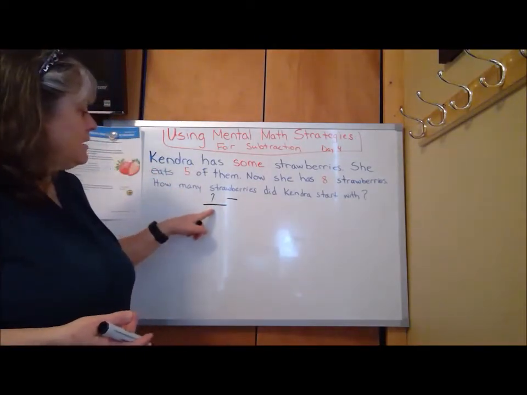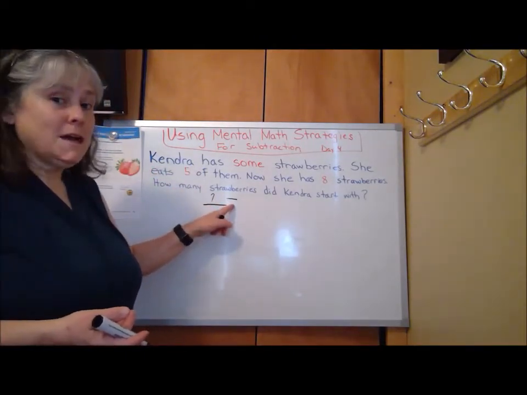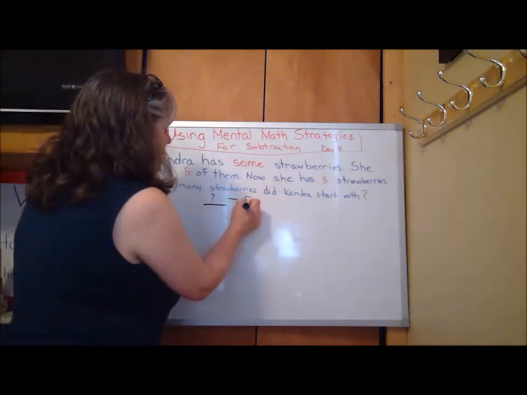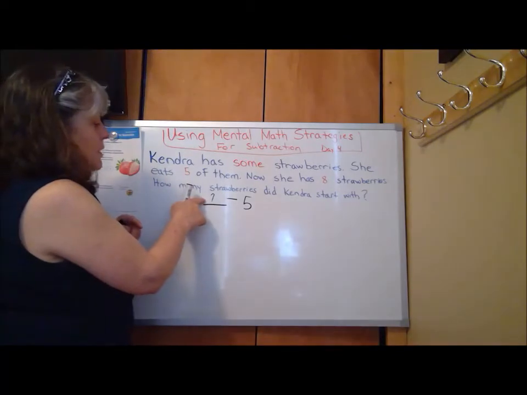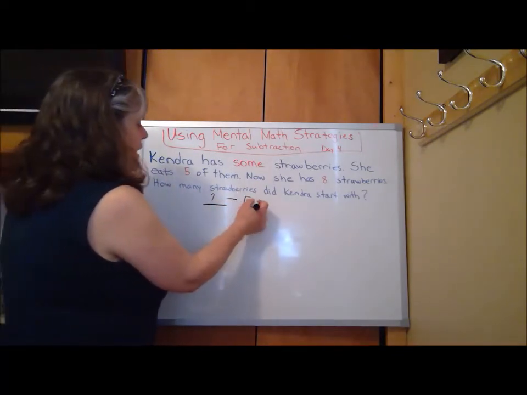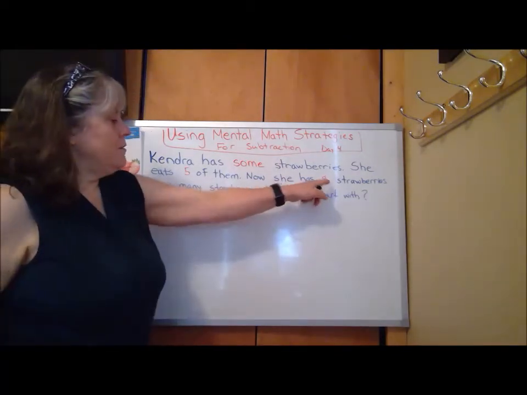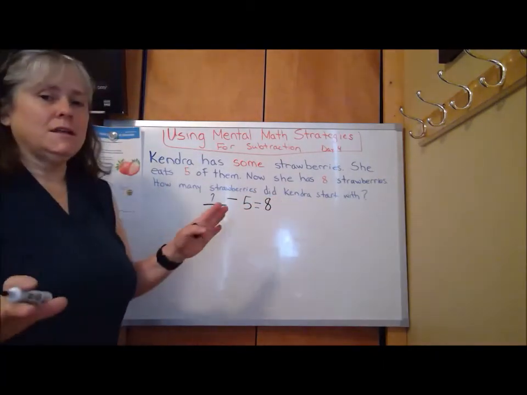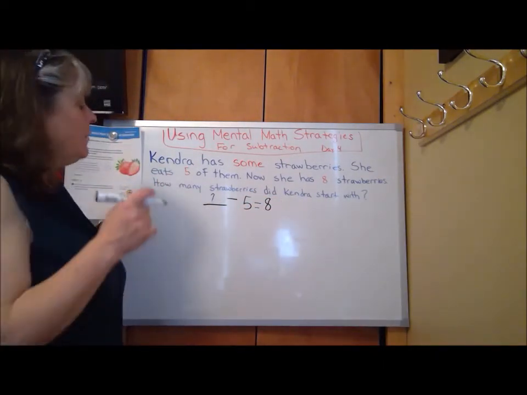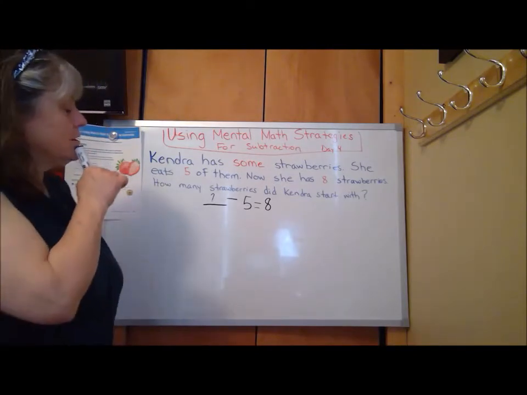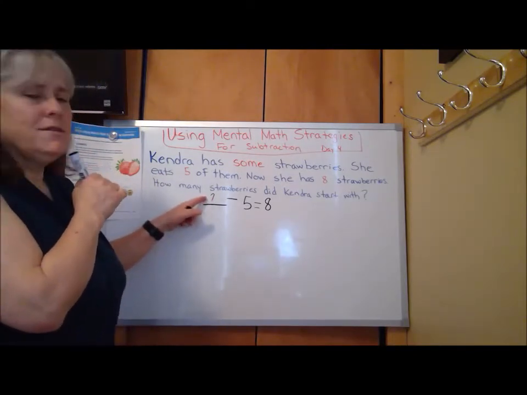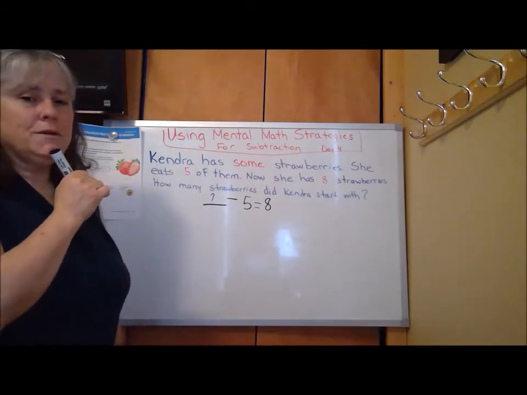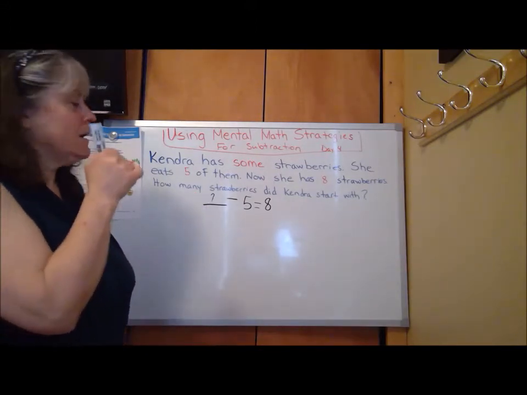So less means subtraction. If I'm eating some, I'm taking some away. All right, so she has some. She eats some, but we know she eats 5. So Kendra has some strawberries. She eats 5, and now she has 8. So when she's done, she still has 8. Okay, all right, let's look at that for a second. Let's think. How are we going to find this one? How are we going to figure out how many we started with? There's a couple ways.